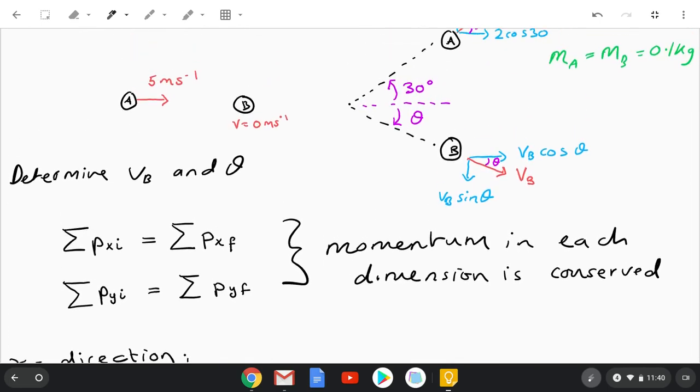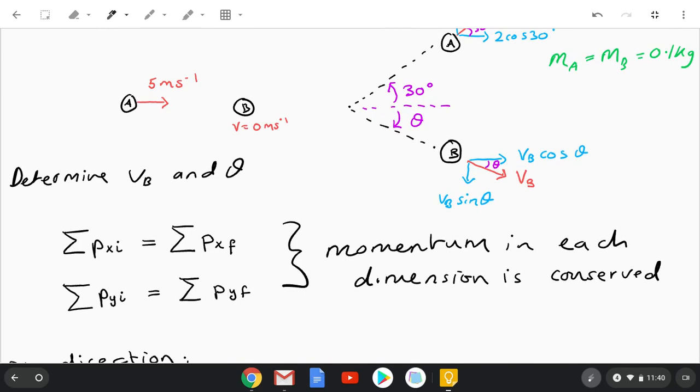So my first statement in the notes, and I'm going to write this down in a slightly different way: the total momentum in the x direction initially equals the total momentum in the x direction finally, or afterwards.